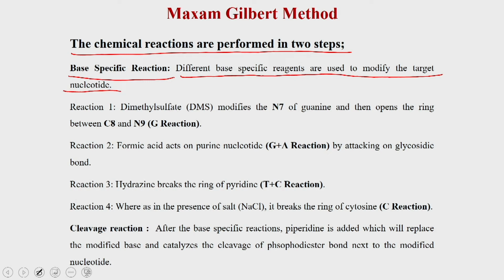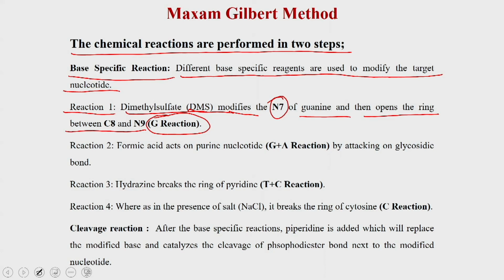Reaction 1 is done with dimethyl sulfate, which modifies the N7 of guanine and opens the ring between C8 and N9. This is called the G reaction because it modifies the guanine in the DNA.